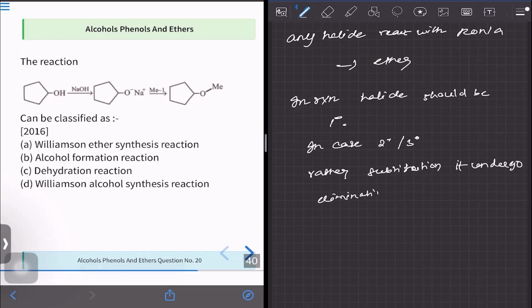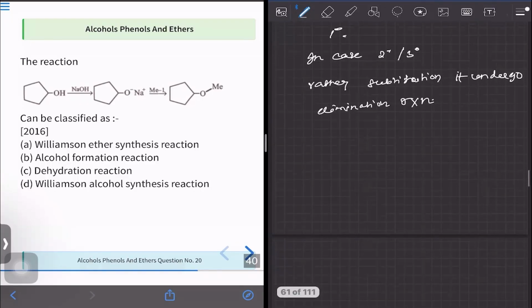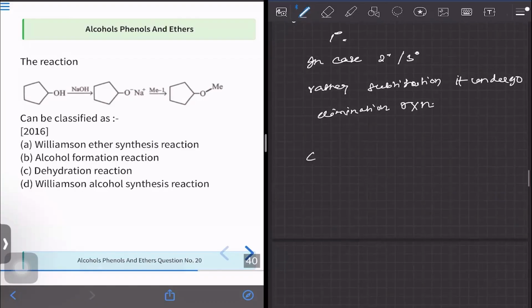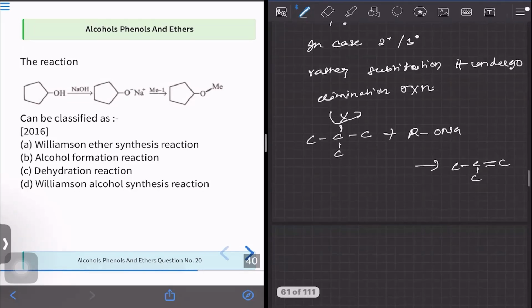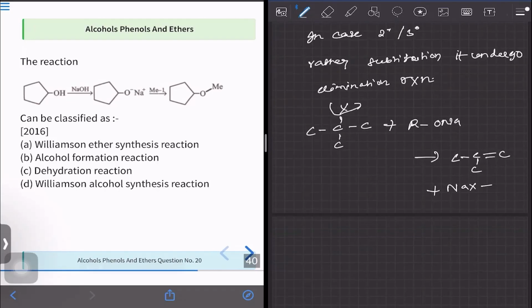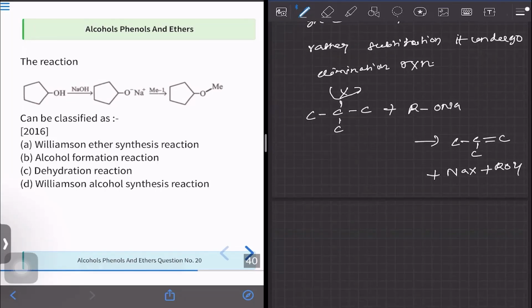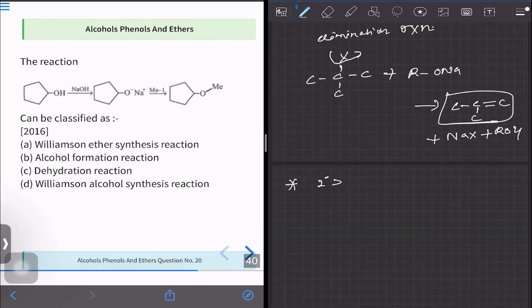For example, a tertiary halide reacting with RONa, rather than ether, produces an alkene along with NaX plus ROH, because secondary and tertiary halides produce stable carbocations.